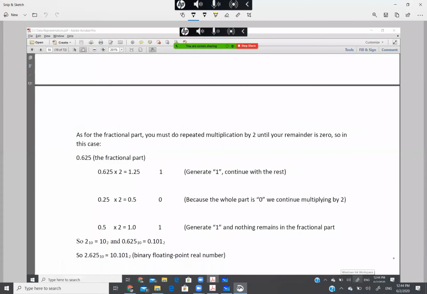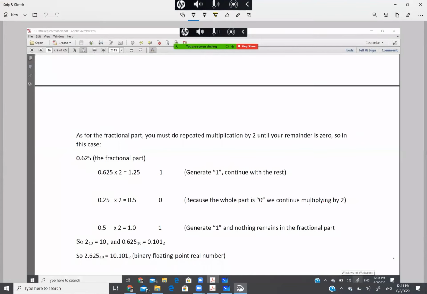The method that they have used here. 2.625. We already know how to represent 2. It's 1248, so the 2 will be 10. And how to convert 0.625?